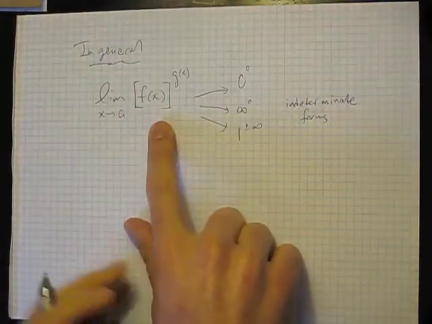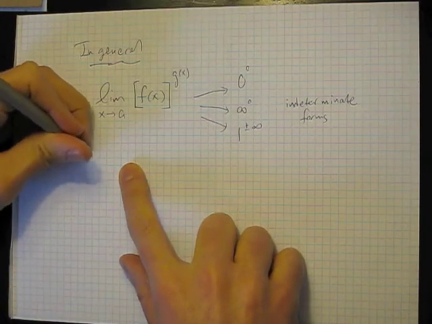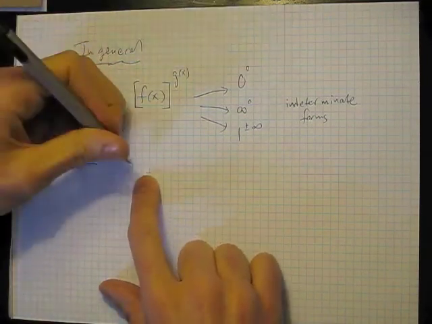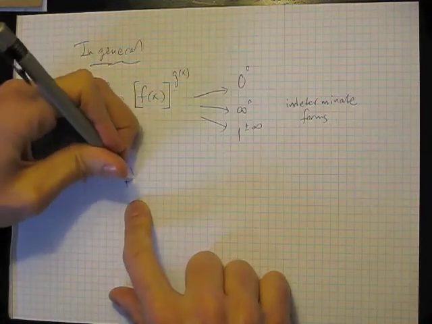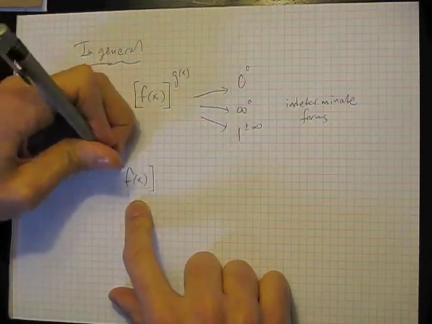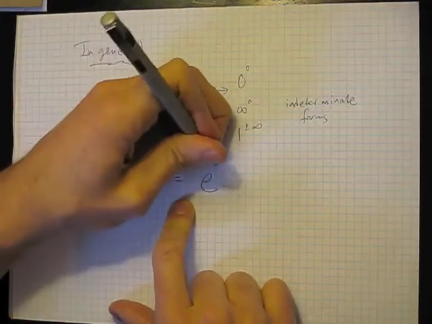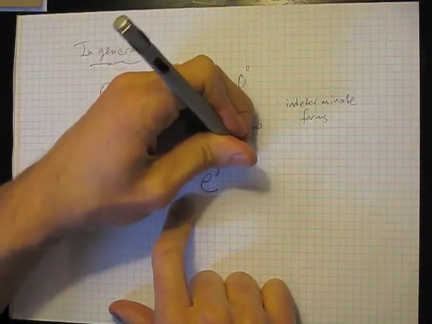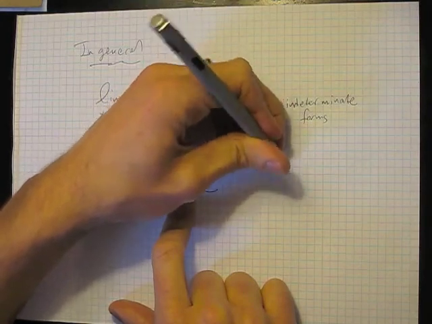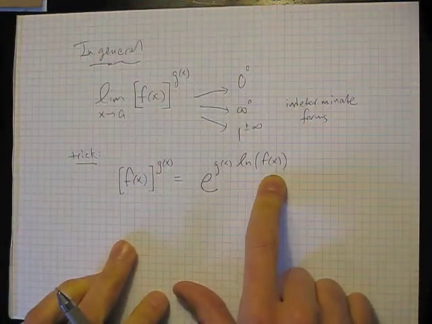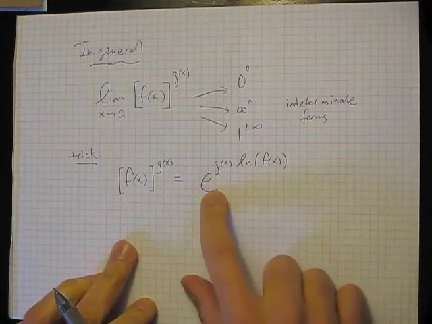Okay. And the trick in all of these is to write f of x raised to the g of x power as e to the power g of x times the natural log of f of x. So if you think very carefully about this, this is totally true, right?